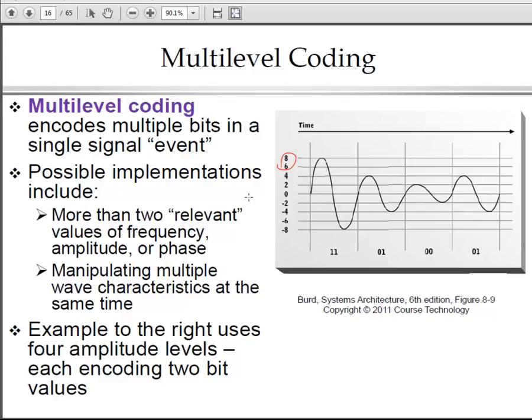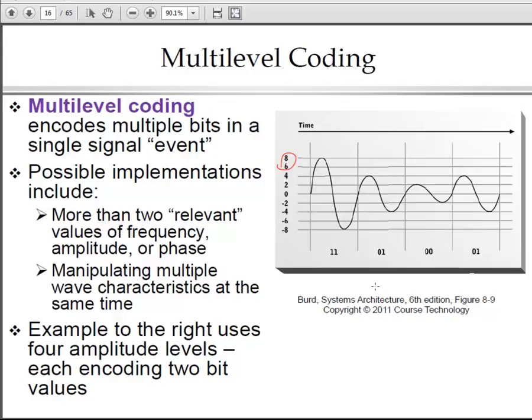In essence, our receiving device has to be much more sensitive to smaller variations and be able to accurately distinguish between them in order to accurately decode or interpret those voltage or amplitude values as these pairs of bit values.